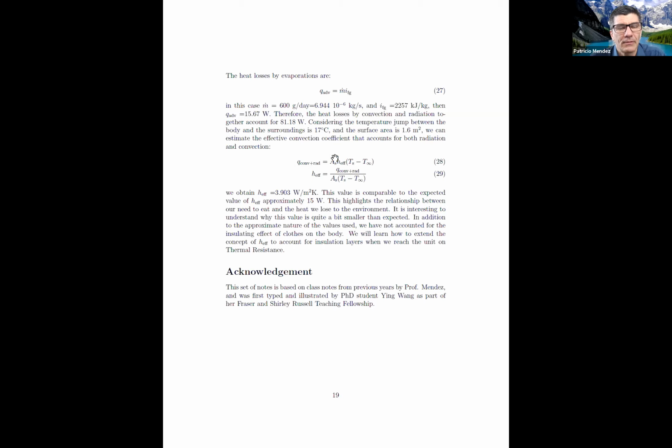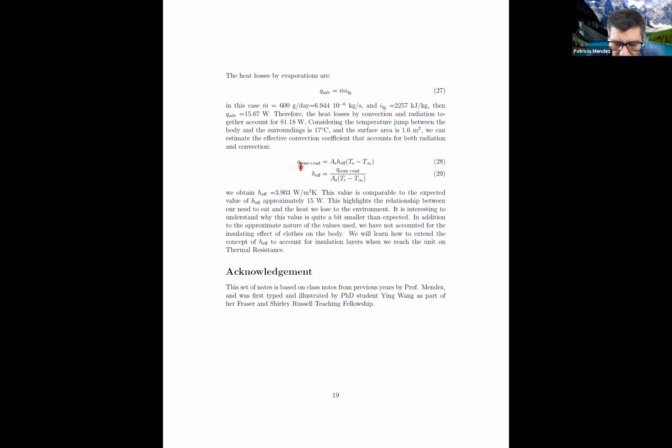H effective, right? That is the convection equivalent for radiation. We know the area, we know the temperature of the skin, we know the temperature of the fluid, that is 20 degrees for air in the room. And then we can solve.